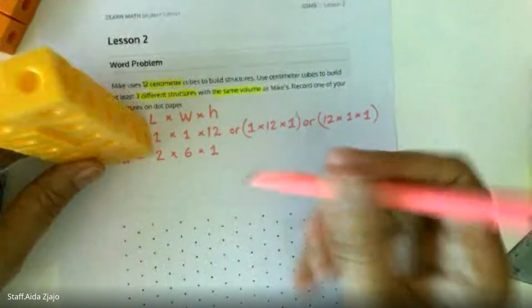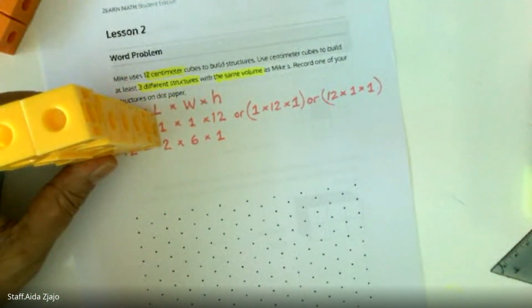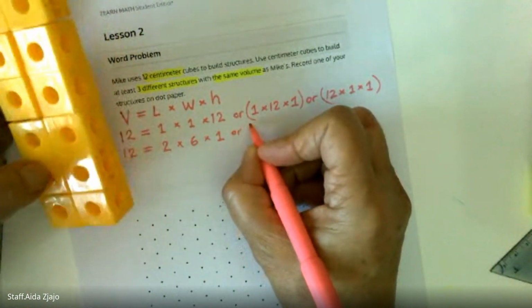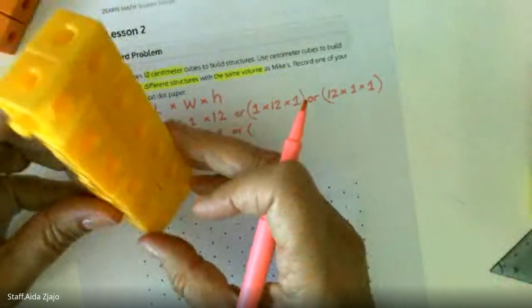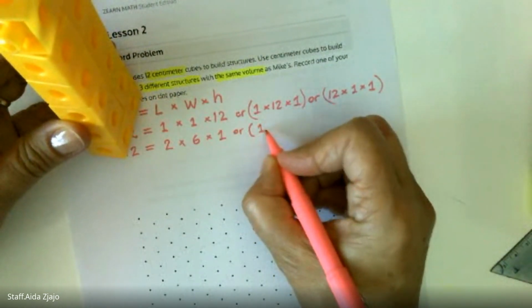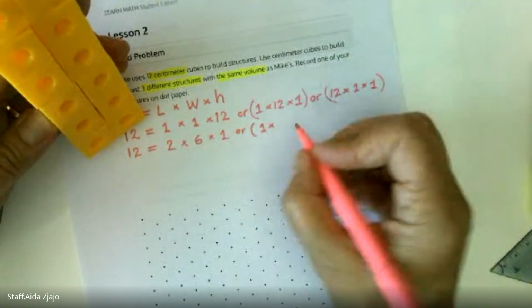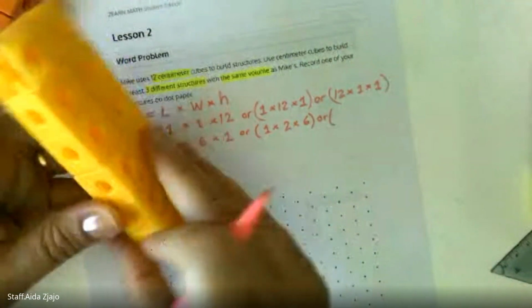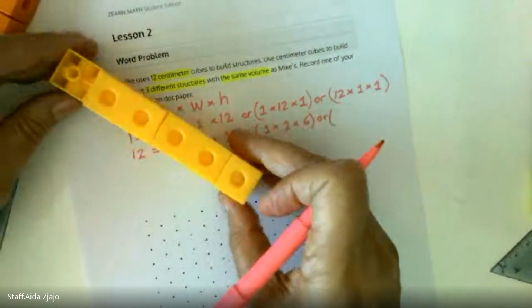I can change the structure to stay the other way. So if I have length 1, it would be 1 by 2 by 6 height. Or maybe I like to do it this way.